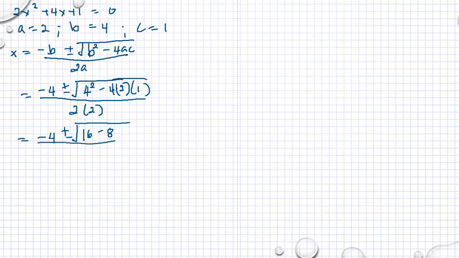Divided by 4. And then we have negative 4 plus or minus the square root of 8, divided by 4.